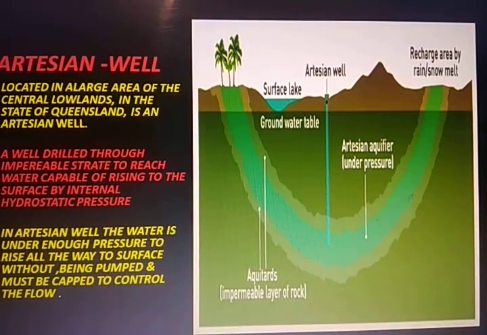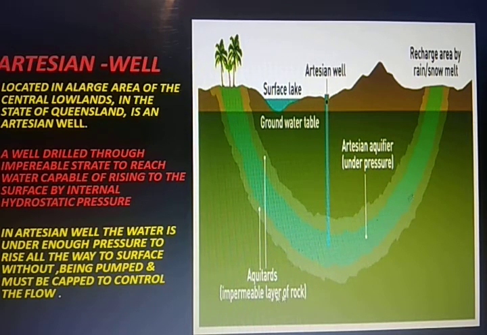So look at this picture. This is located in the larger area in the Central Lowland in the state of Queensland, and it is known as an artesian basin, where the artesian well is found. Right, so this is a confined area, and it is drilled through the impermeable strata to reach the water-bearing area, and it reaches the surface due to the hydrostatic pressure, right?